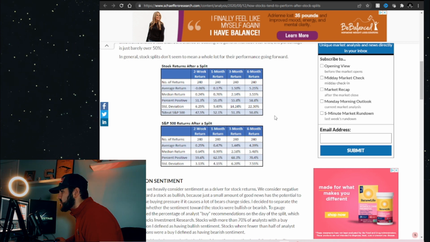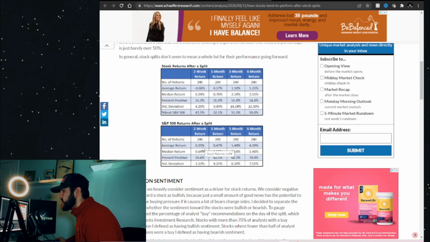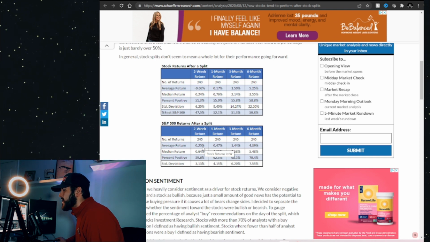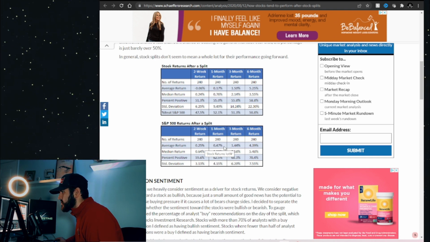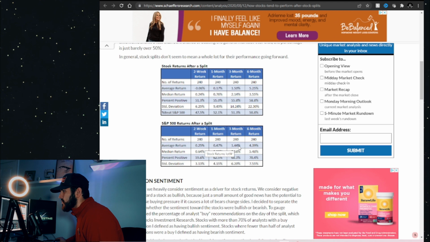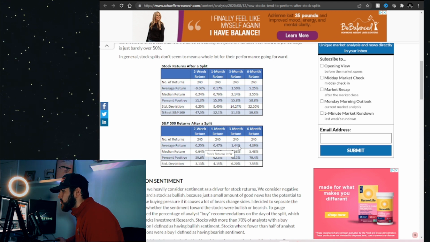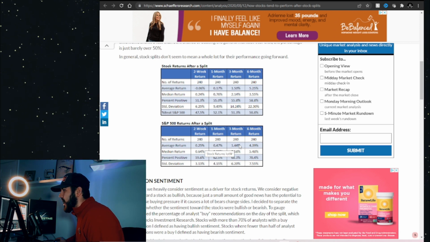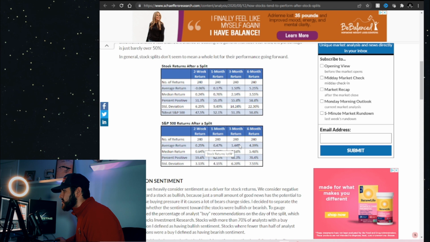If we compare that to the S&P 500, you can see that the 2-week return on the S&P 500, the average return is positive at 0.25%. The 1-month return is also better at 0.47%. The 3-month return isn't as good. It's 1.44%. What does that show us? Well, there is a potential buy the dip opportunity after the split is announced and there is a sell-off.